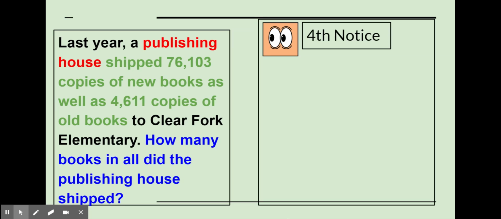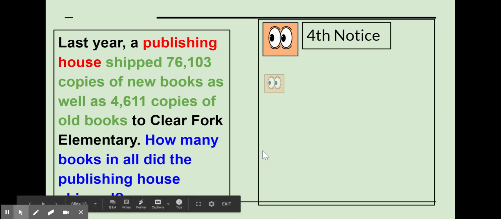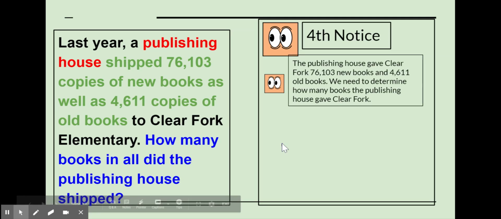So in our first look is what we noticed about who our story is about, what they are doing, and the question. So the publishing house gave Clear Fork 76,103 new books and 4,611 old books. We need to determine how many books the publishing house gave Clear Fork.